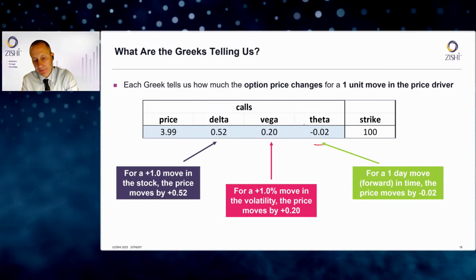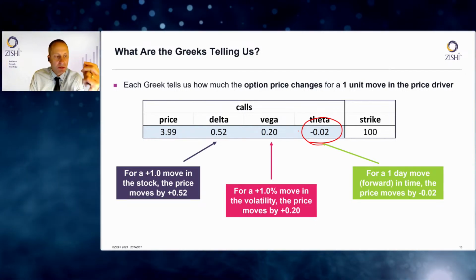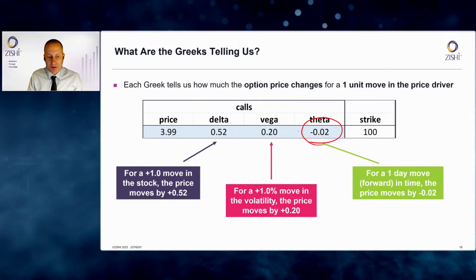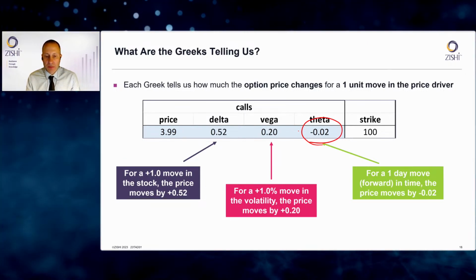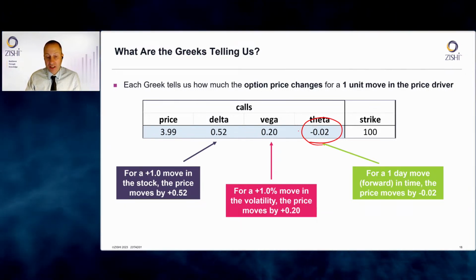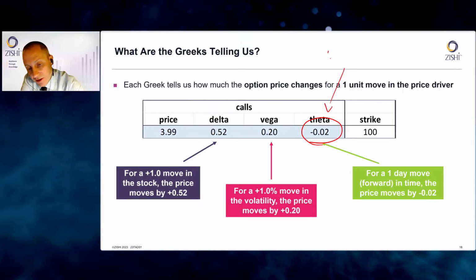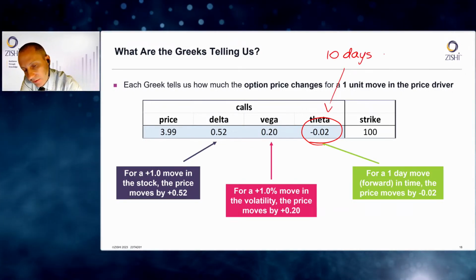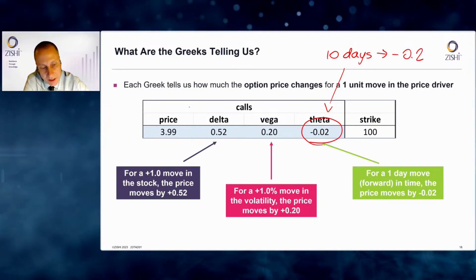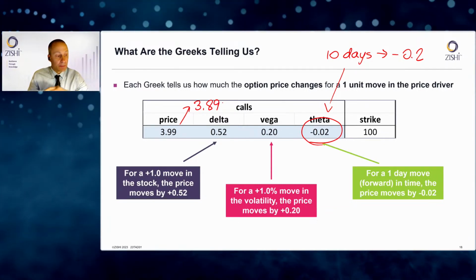And theta will tell me that for every day that passes, and normally 1 unit of time in the world of options is 1 day, my option value in this case will decrease by 0.02. So if 10 days passed and nothing else changed, my option would go down by 0.2. So if we have 10 days, we get a change of negative 0.2, which is 10 times my theta. The new price, therefore, would be 3.89 rather than 3.99 if nothing else had changed.